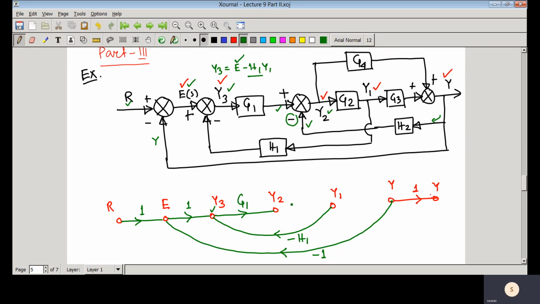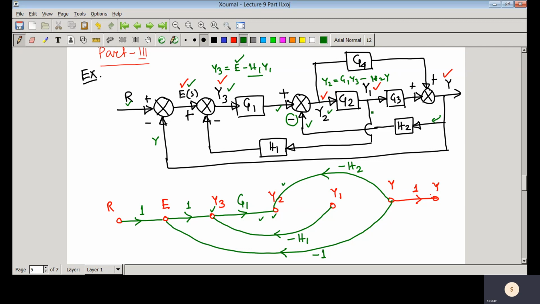So here you have one branch with minus H2. So at Y2, Y2 equals G1 Y3 minus H2 Y. This can be represented in the signal flow graph. Here you can see G1 Y3, so Y2 equals G1 Y3 minus H2 Y.